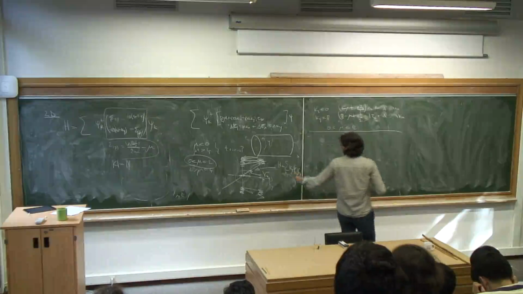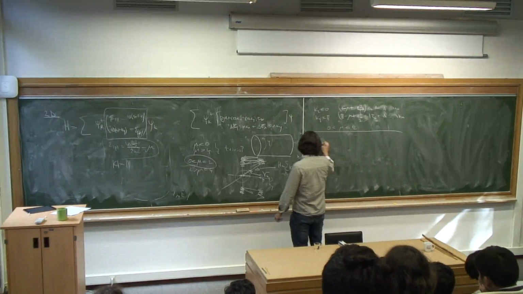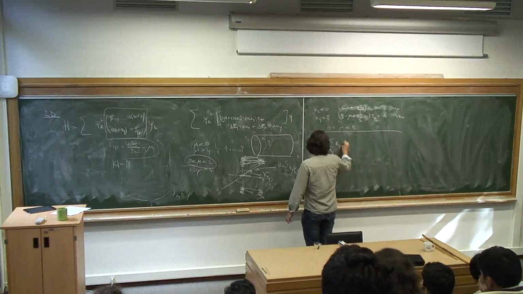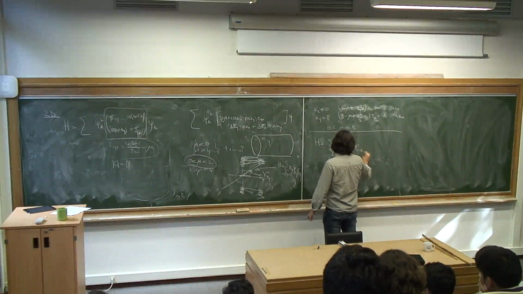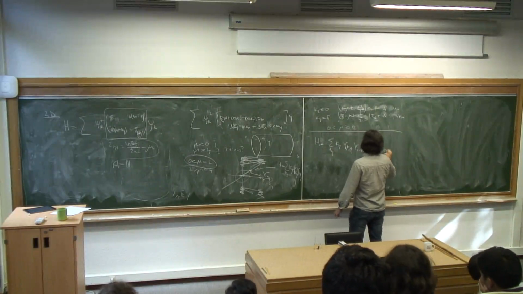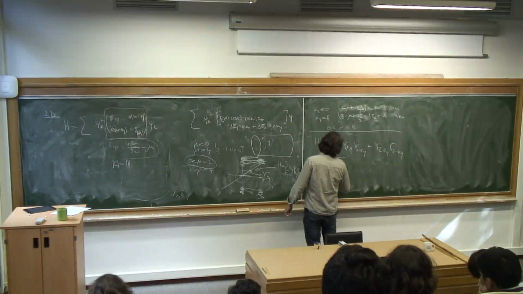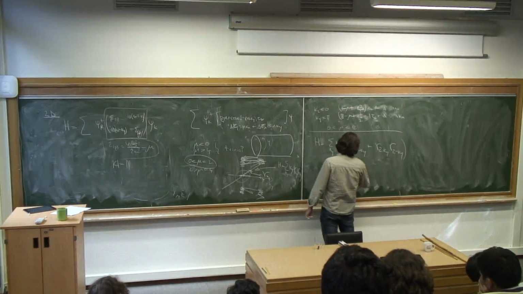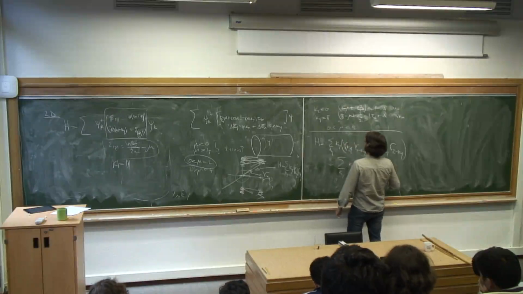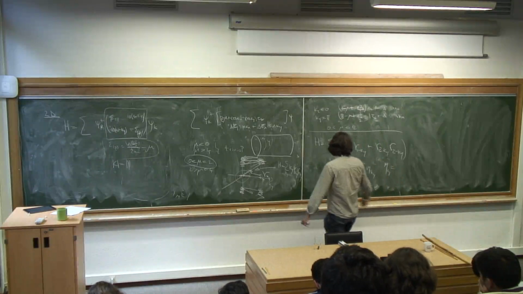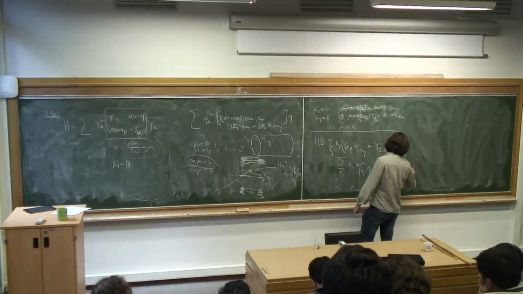Okay, so basically, let me convince you that if I add two of these, I get a quantum Hall effect. So if I add the sum over ky, gamma 1 ky gamma 1 minus ky, plus gamma 2 ky gamma 2 minus ky, this is the same thing as the sum over ky of eta ky dagger eta ky, where eta ky is gamma 1 ky plus i gamma 2 ky.